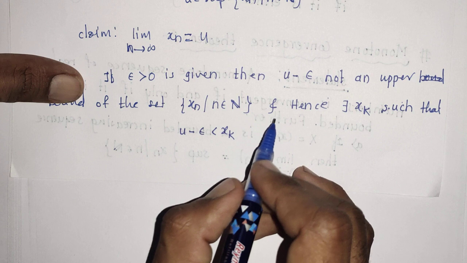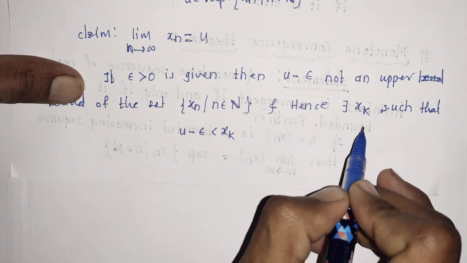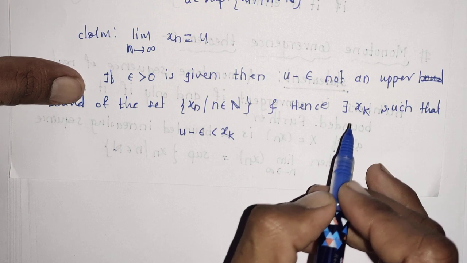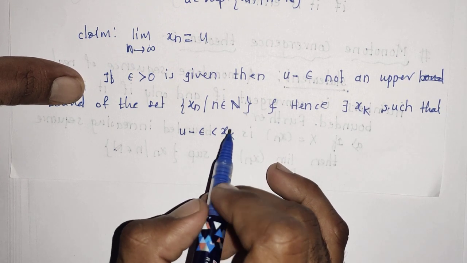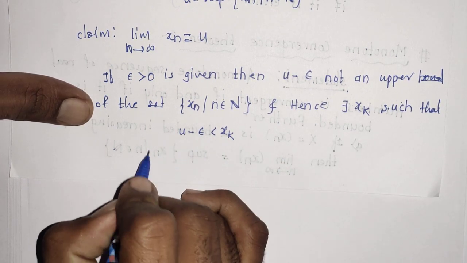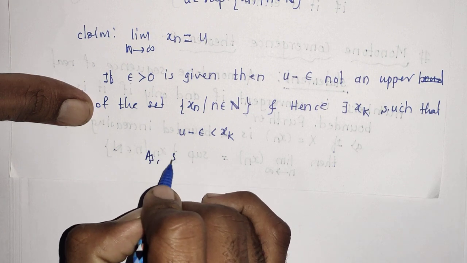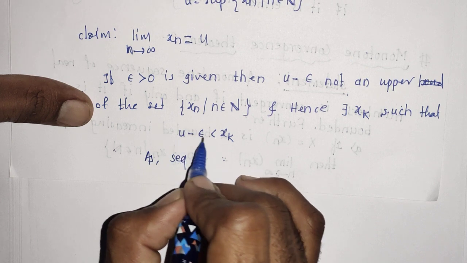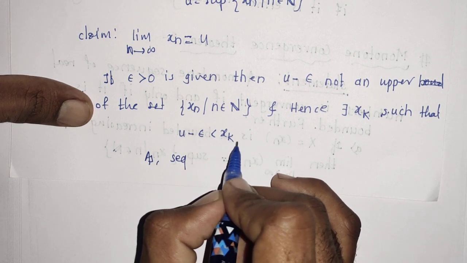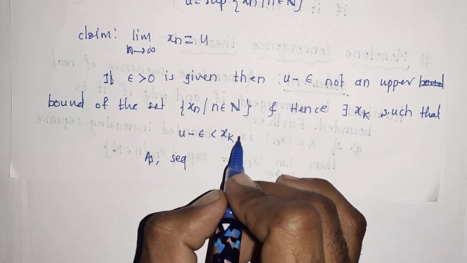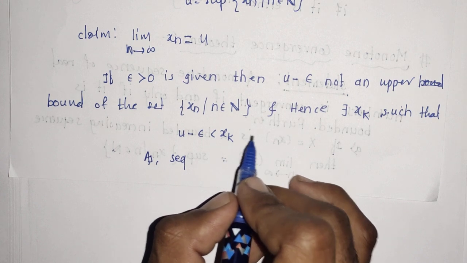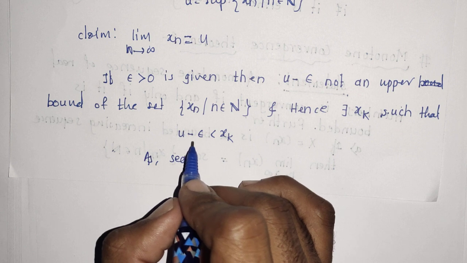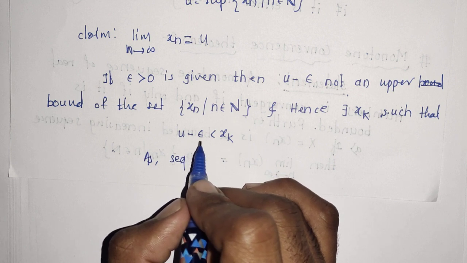In fact, we can write the sequence xn is an increasing sequence, so there may be more than one element. As the sequence xn is increasing, there is some xk which is greater than u minus epsilon, which means all the elements after xk, that is xk plus 1, xk plus 2 and so on, are greater than this u minus epsilon.